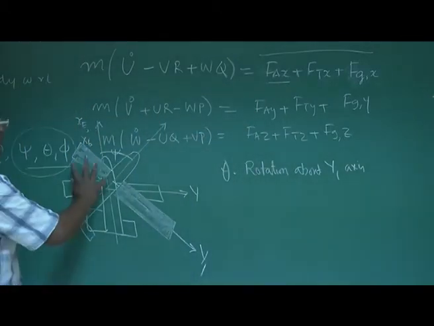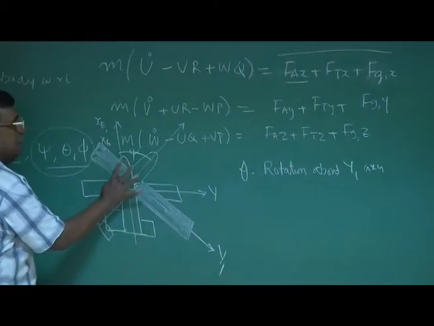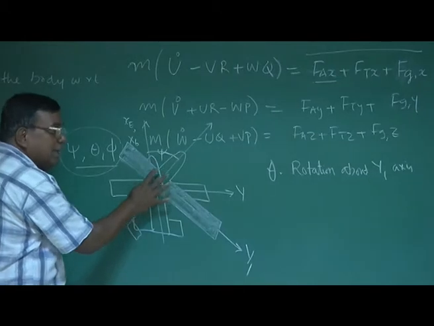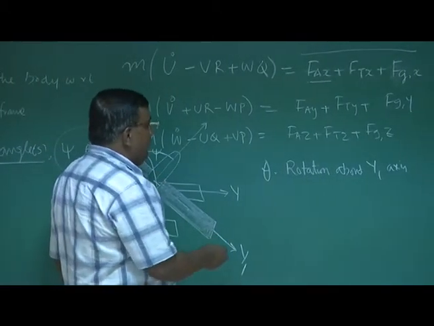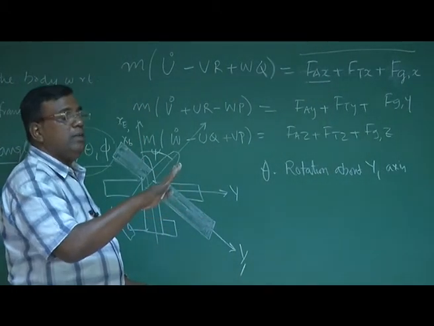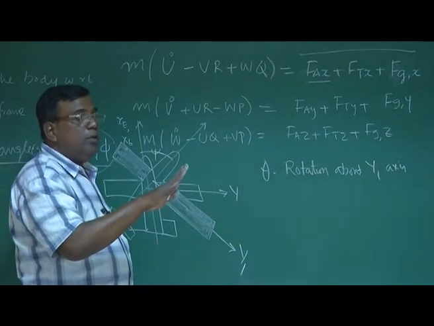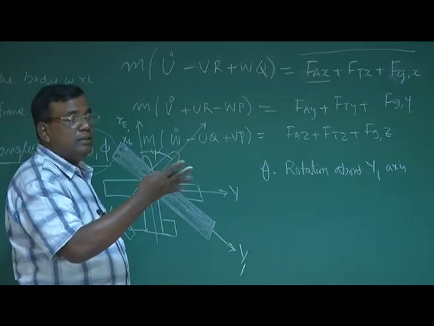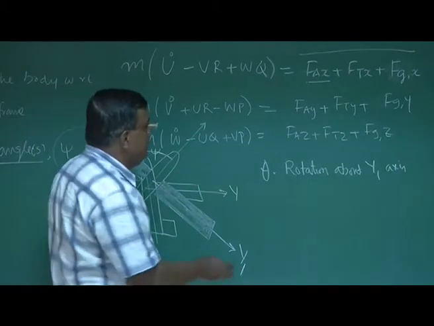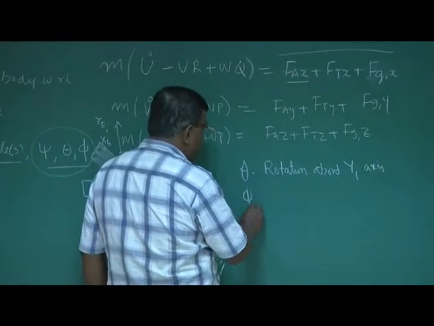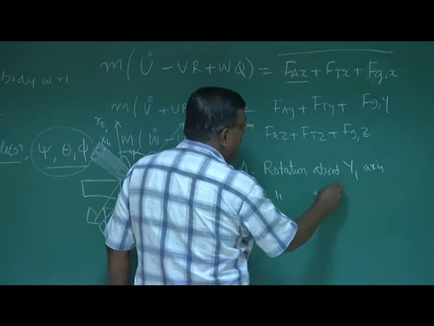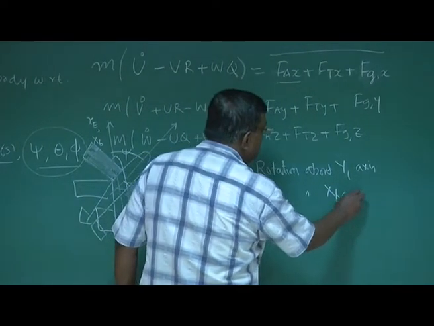Correct? So psi, then theta is rotation about the y1 axis. And once that is given, phi will be rotation about the body fixed x-axis, so phi will be rotation about the xb axis.